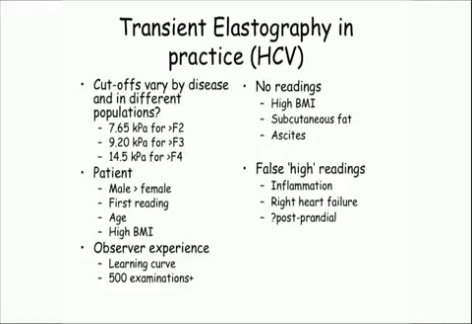And then there are certain things that will give you falsely high readings on a FibroScan, particularly inflammation of the liver. So in the context of acute hepatitis, you'd get higher readings from a FibroScan. Right heart failure will give you higher readings because of congestion within the liver. And then there is some data to suggest that if you've had a big, heavy meal, so you've got your bile flowing through the liver, that could also give you a high reading.